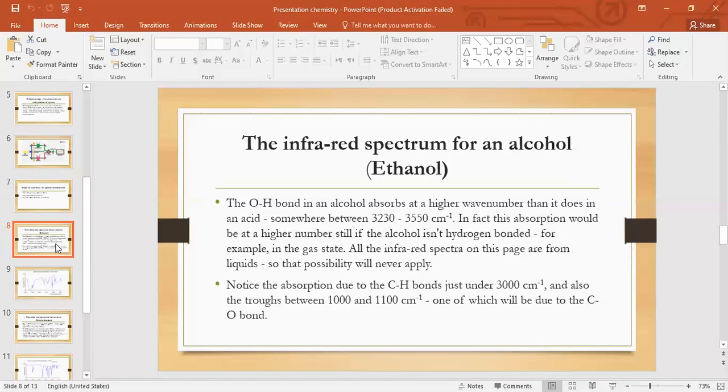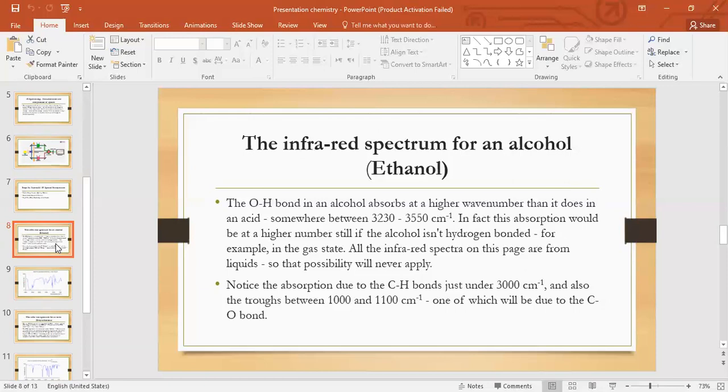It's somewhere between 3230 and 3550 per centimeter. In fact, this absorption would be at higher numbers still if the alcohol isn't hydrogen bonded, for example, in the gas state. All the infrared spectra on this page are from liquids, so that possibility will never apply.